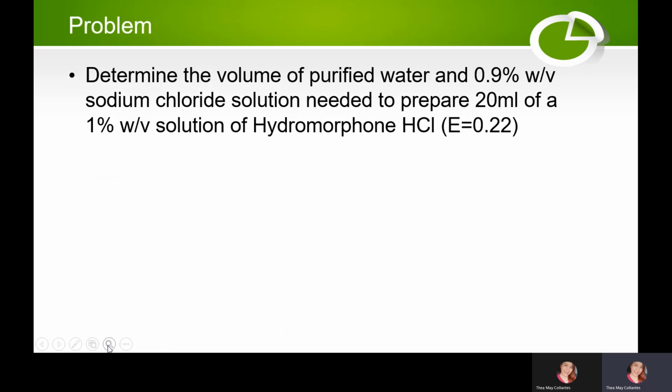Okay? So for the second problem, determine the volume of purified water and 0.9% weight by volume sodium chloride solution needed to prepare 20 ml of a 1% weight per volume solution of hydromorphone, which has a 0.22 E value. Okay, so now let's start.